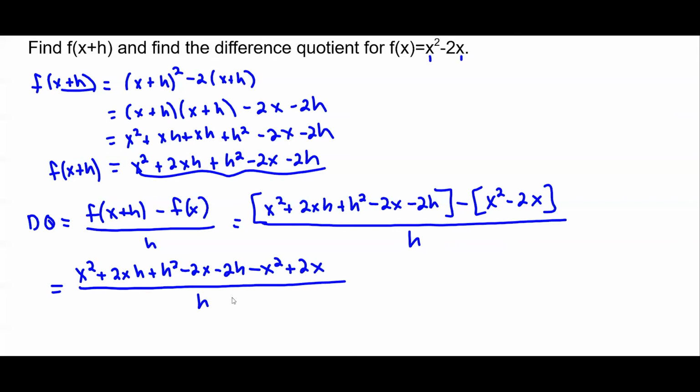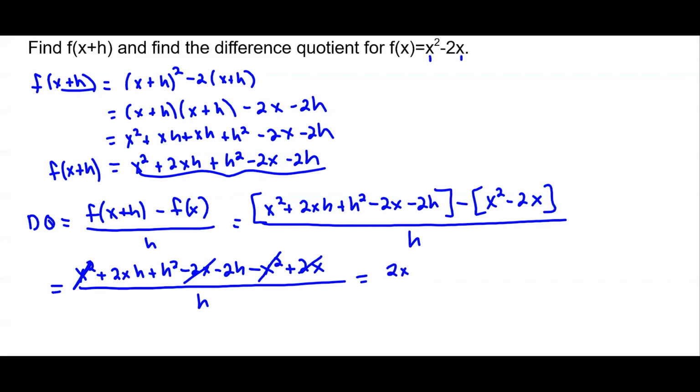So if you're doing a difference quotient with a polynomial, everything in the numerator that does not have an h is going to cancel out. So I have an x squared and I have a minus x squared, and I have a minus 2x and I have a positive 2x, so those all cancel out.